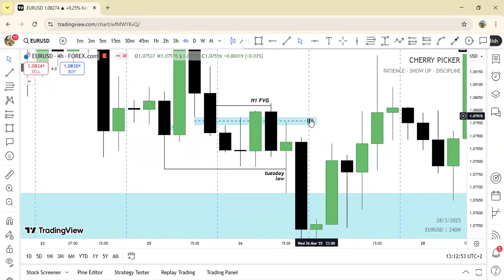This was the internal range liquidity. Then we had the external range liquidity here, the previous day low.